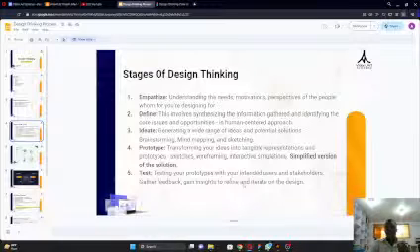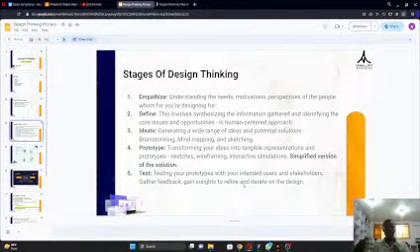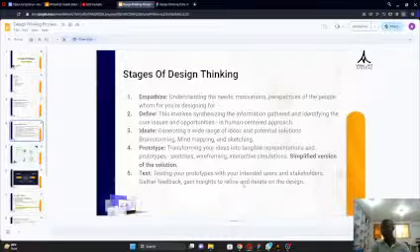Then we have the test stage. After you've come up with your design, an aesthetic, visually appealing design, you test it. So, testing your prototypes with intended users and stakeholders. What I mean by intended users is your target audience, people you want to be using this product, and your stakeholders.